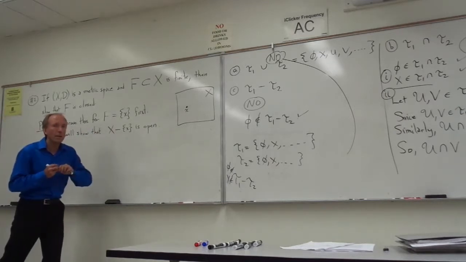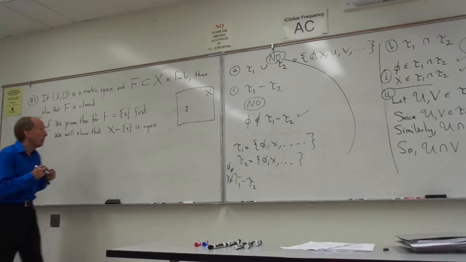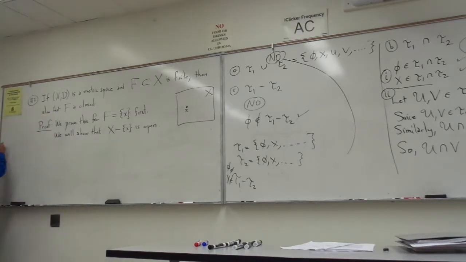For all x in X, there exists a p such that the neighborhood of x comma p. I'm going to use y if you don't mind because I already have the x there.